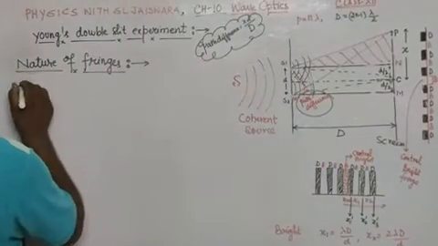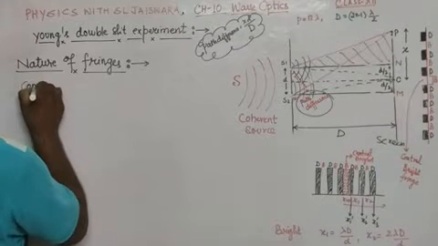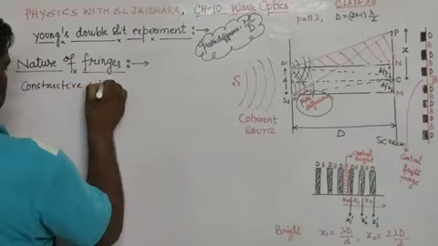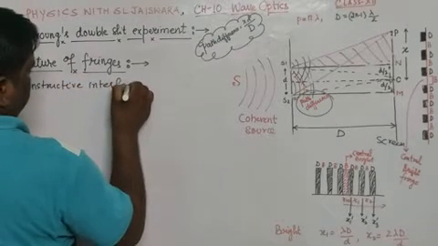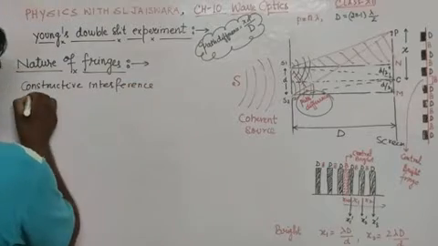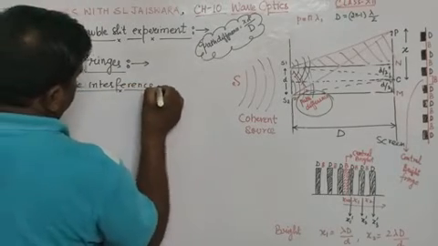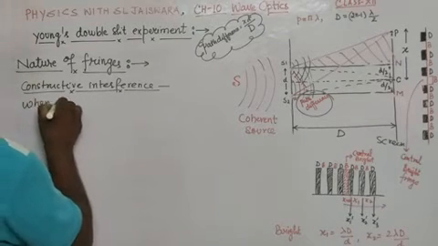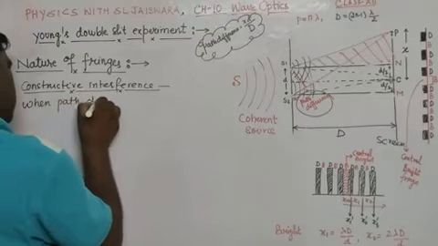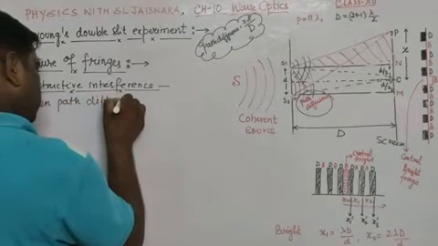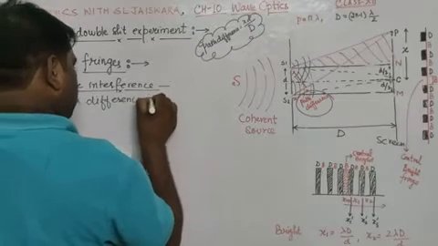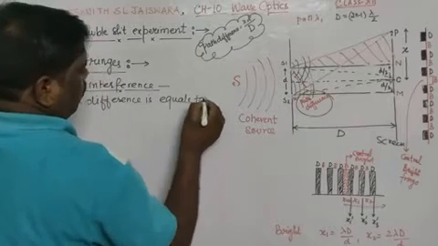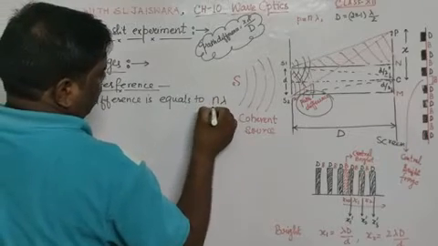So, first case, that is constructive interference. See, constructive interference when path difference is equal to n lambda.